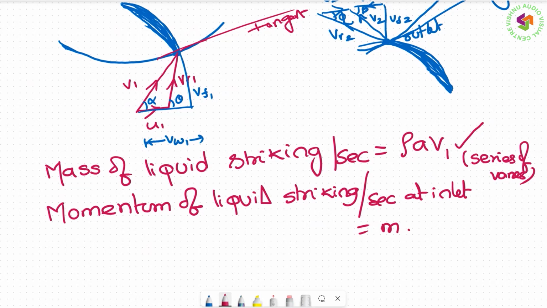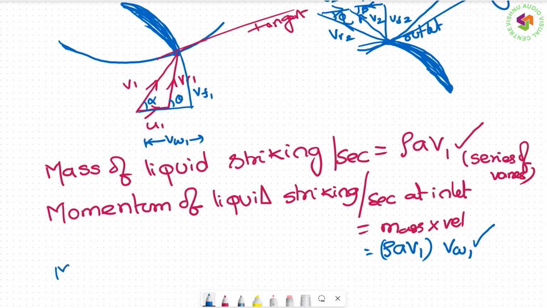That mass into velocity. So velocity should be perpendicular. So it is rho A V1 into VW1. It is the horizontal component of absolute velocity because it is the perpendicular component. When we are taking it, the perpendicular thing I should take. This is how it is going to be rho A V1 into VW1.